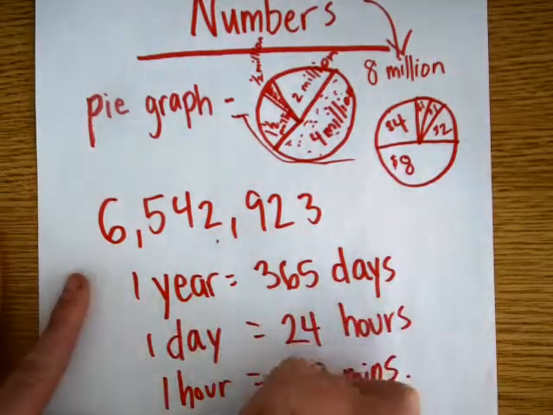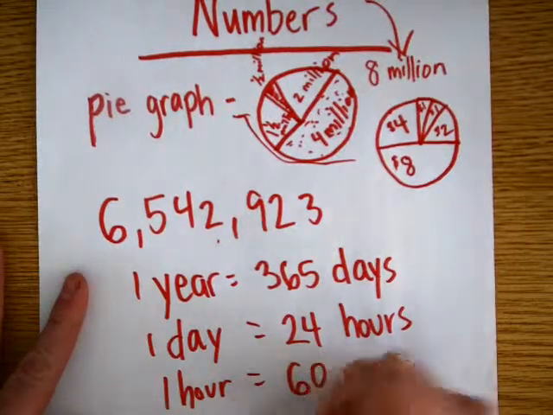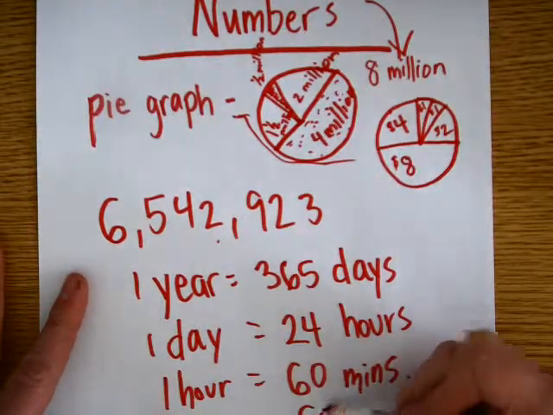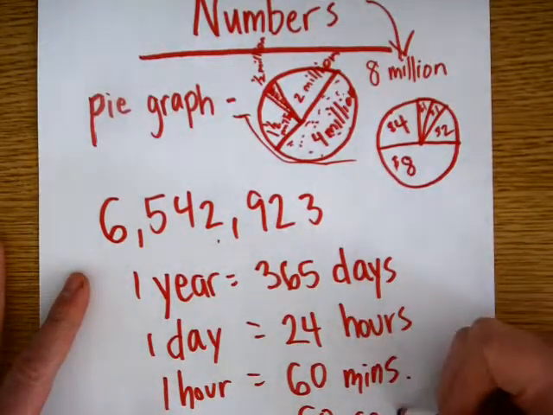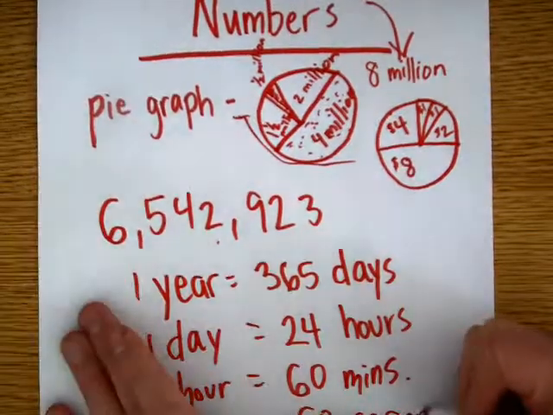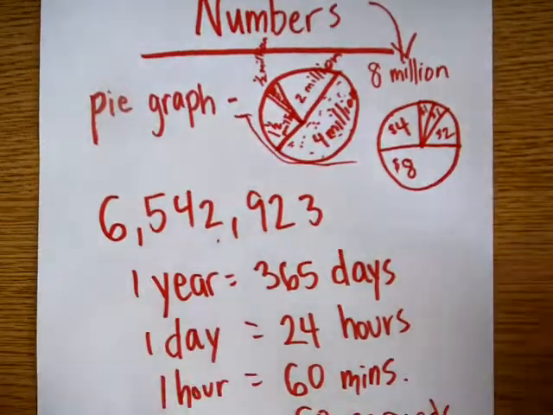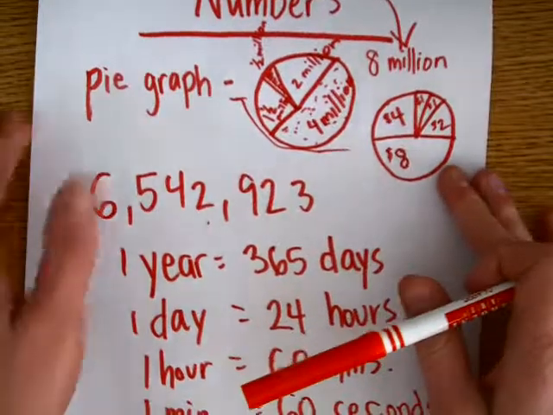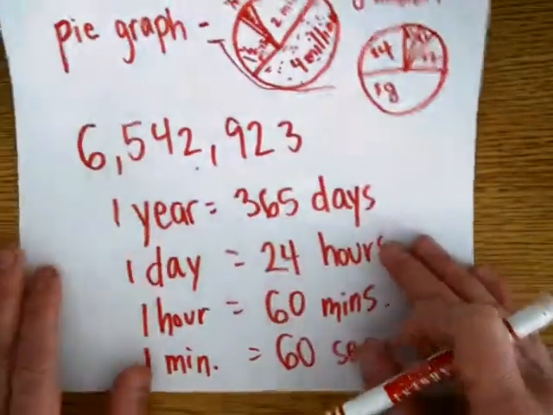And 1 minute equals 60 seconds. So we want kids to start to get a concept, at least, of how much time different things equal.